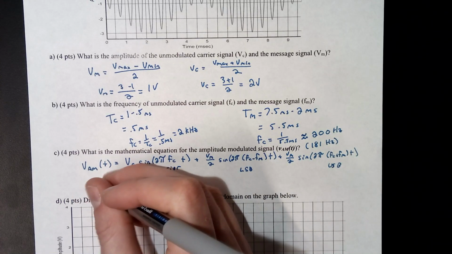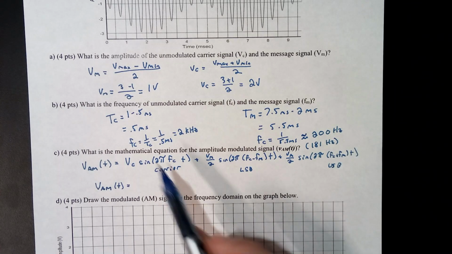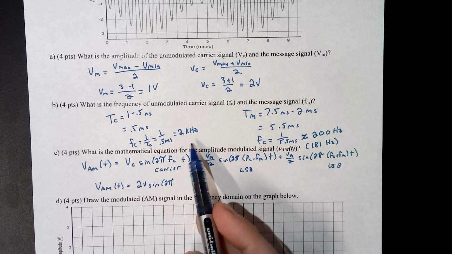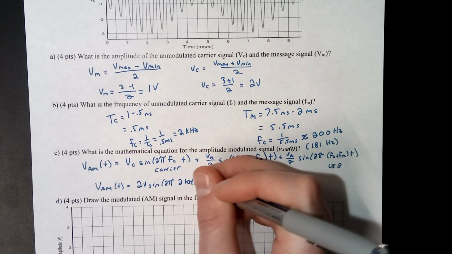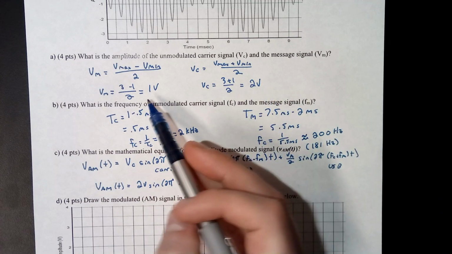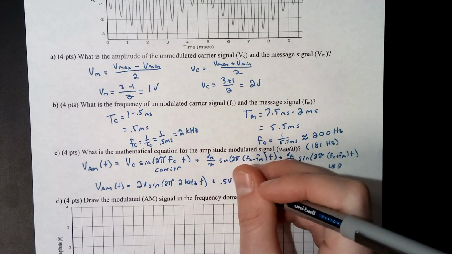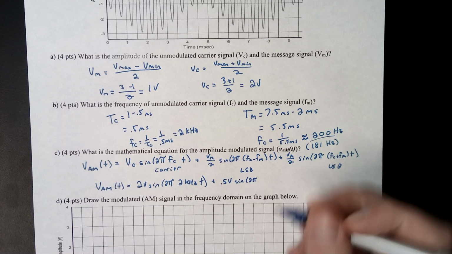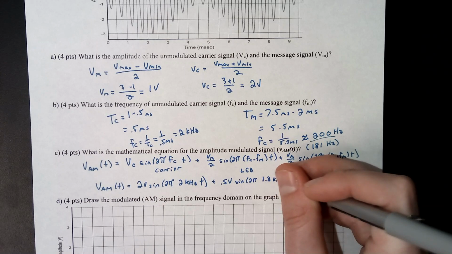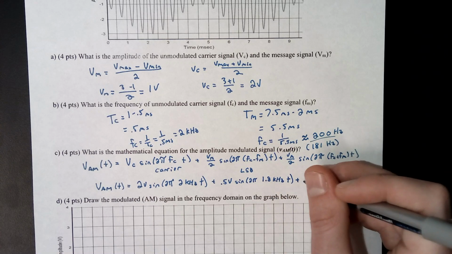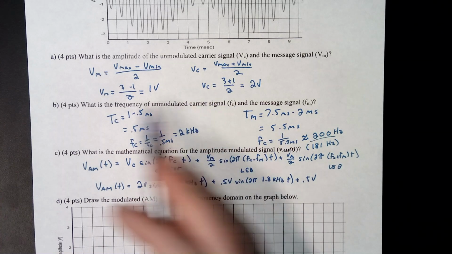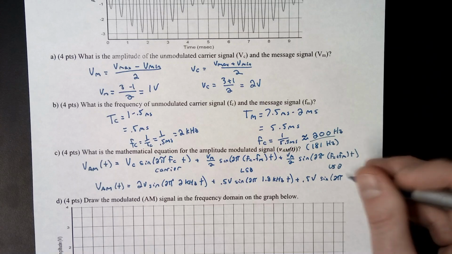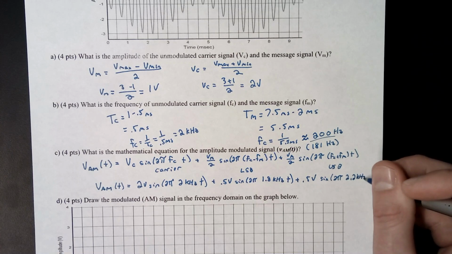So then for V_AM(t), we're just plugging in values. Vc, 2 volts, sine 2 pi, Fc we got here, 2 kilohertz, t, plus Vm over 2, which is 1 volt over 2, so 0.5 volts, sine 2 pi, Fc minus Fm, so we'll use the 200 here just to make this easier, is going to be 1.8 kilohertz, t, plus 0.5, again the Vm divided by 2, sine of 2 pi, Fc plus Fm, we're going to use 2.2 kilohertz, t.